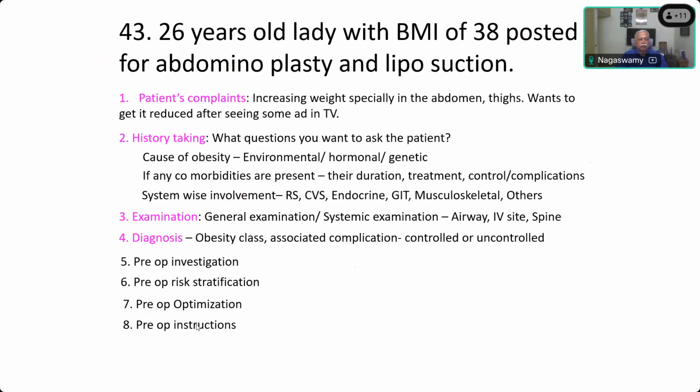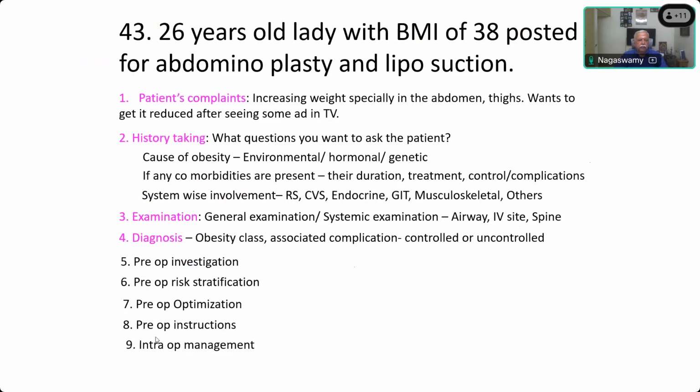And then what are all the pre-op instructions regarding the continuation or stopping of drugs, and the fasting in elective cases. This, of course, will be an elective case only, the lipoplasty and abdominal section. So whether they will require any pre-op IV fluids, depending upon the nature of the surgery, all that has to be instructed.